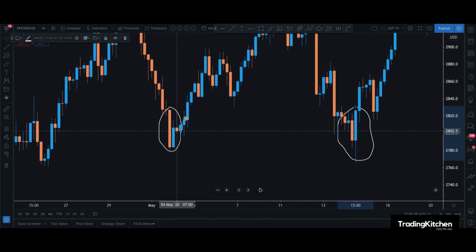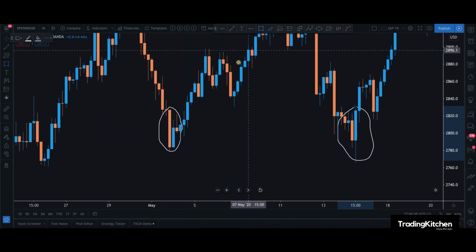As you can see, the high and the low of an inside bar are completely covered by the preceding bar's high and low. The preceding bar is also called the mother bar.